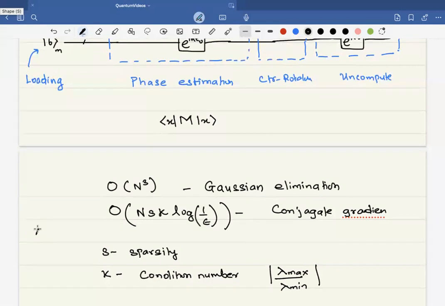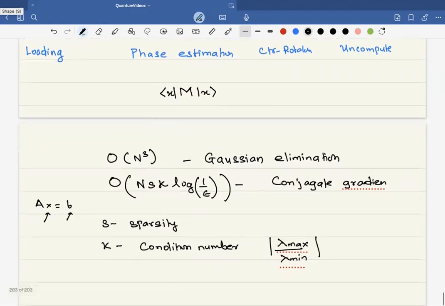For example, if you have Ax equal to b, a matrix is called well conditioned if a small change in b results in a small change in x. So it will have a small condition number. Usually these matrices are easier to invert, and the complexity of the algorithm depends on this condition number as well.